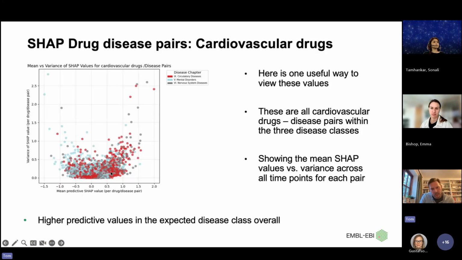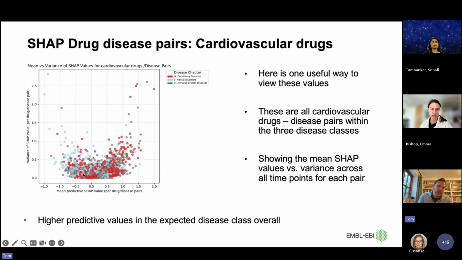And essentially what you would like to be able to see here for a drug disease pair is those robust predictions over here.